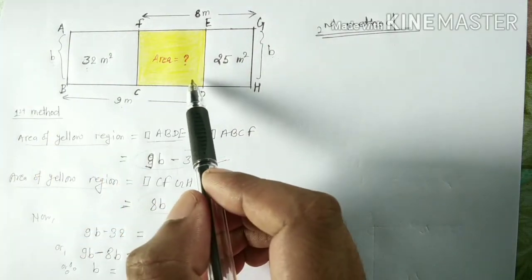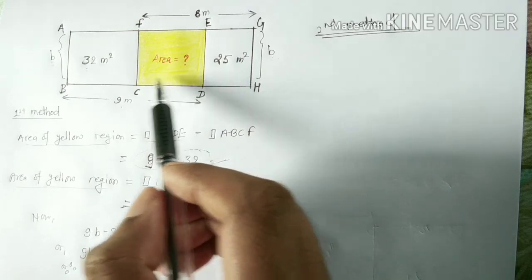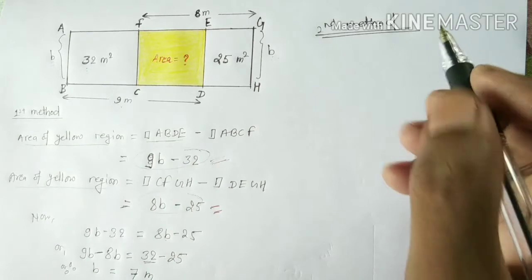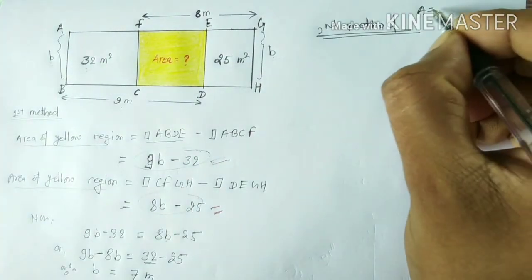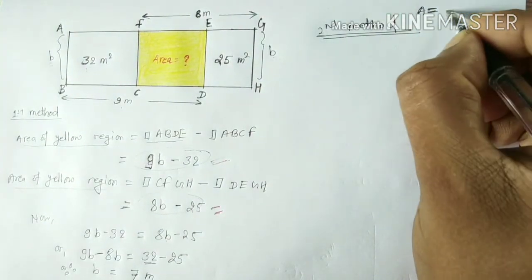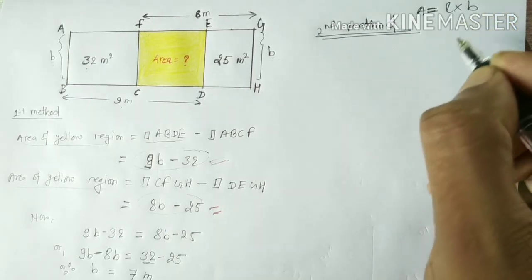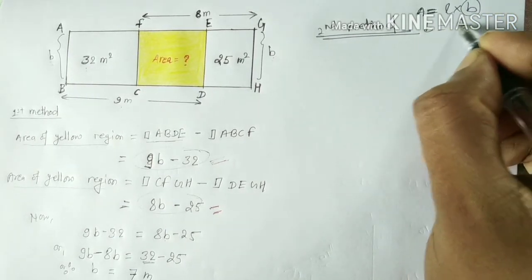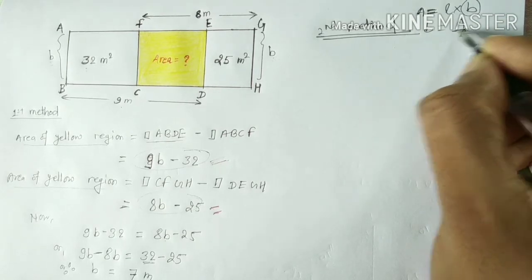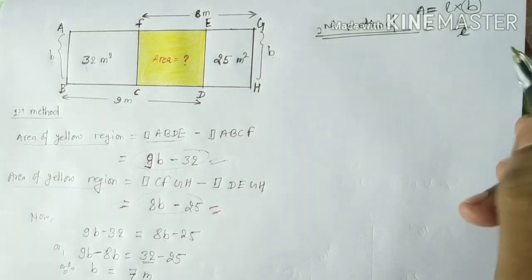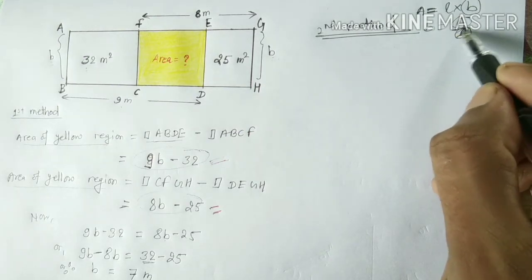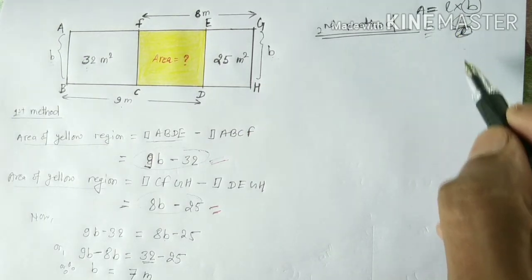So we can find their breadths. To find the breadth, as we know the formula of area is L times B, means length into breadth. If we need to find the breadth, then breadth is equal to A by L, means area by length. So if we divide the area by its length, then we will get the breadth of the rectangles.